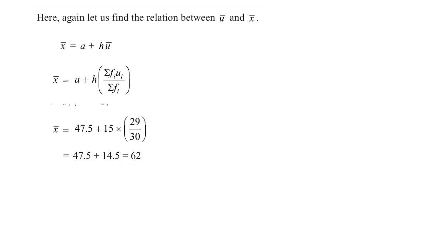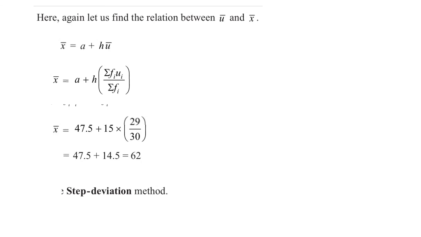Look, the mean is the same in all the three cases. This method of finding u bar and then finding the mean is called the step deviation method. So we have found the mean of the grouped data by the direct method, by the assumed mean method, and by the step deviation method.